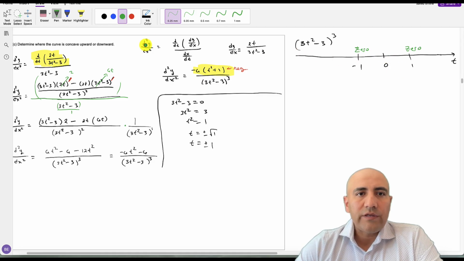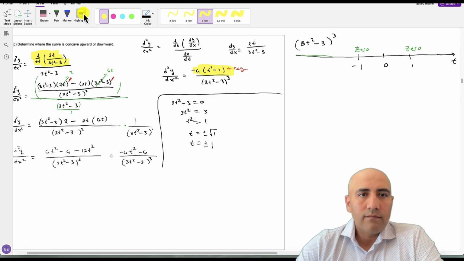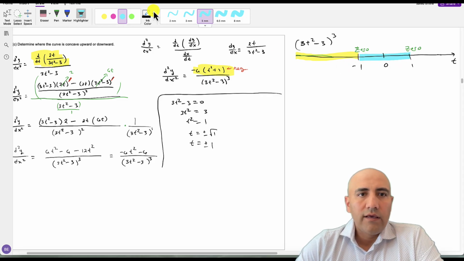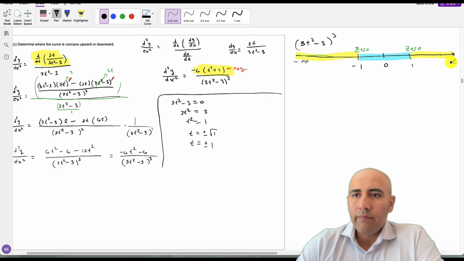What about the other zones? So we have 3 zones to think about. We have the zone from negative infinity up to negative 1, then the zone from negative 1 up to positive 1, and then this other zone from 1 out to positive infinity.